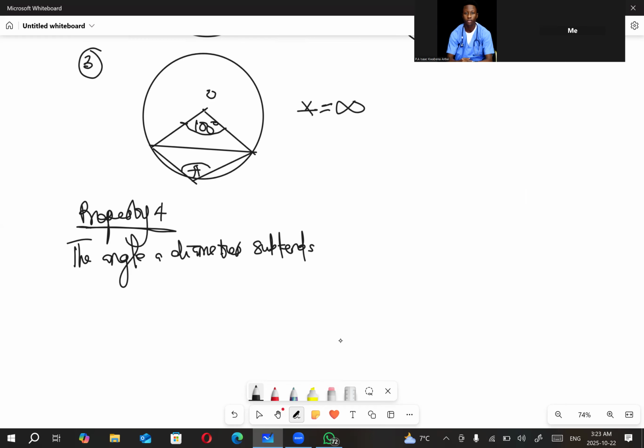The angle a diameter subtends at the circumference. Okay. Then now when you make a mistake, I will applaud you. The angle a diameter subtends at the circumference is 90 degrees.